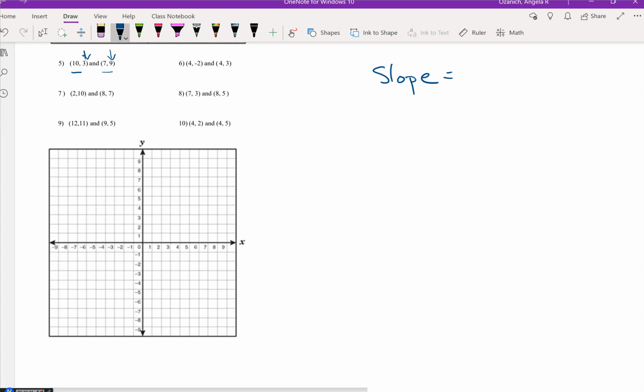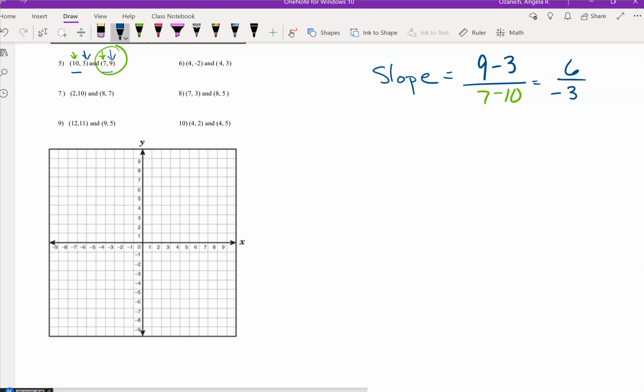So slope for number 5 is going to be 9 minus 3. And then next you want to grab your x values, and that is going to be 7 minus 10. Again, since I started with this point, I want to start with that point both on the top and the bottom, the numerator and the denominator. I get an answer of 6 over a negative 3.